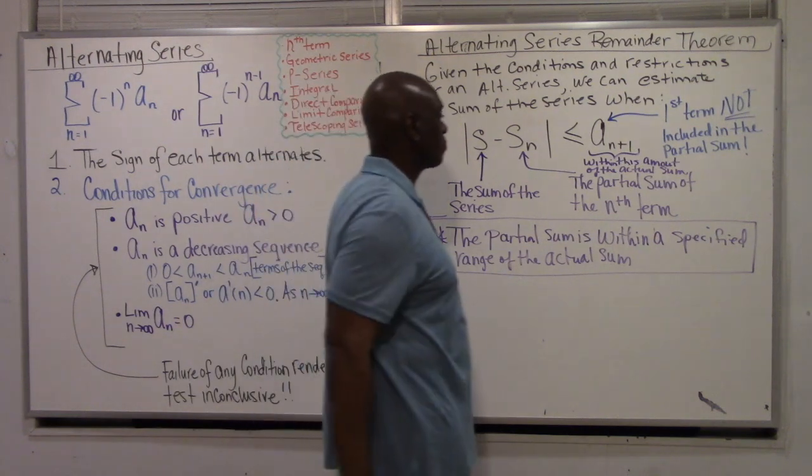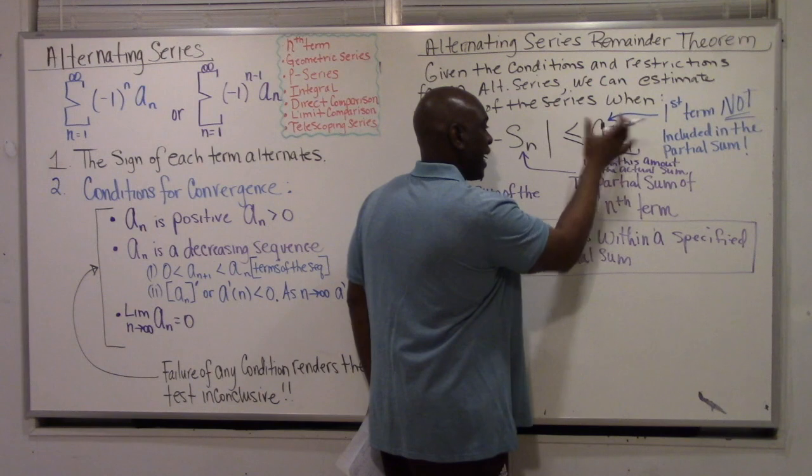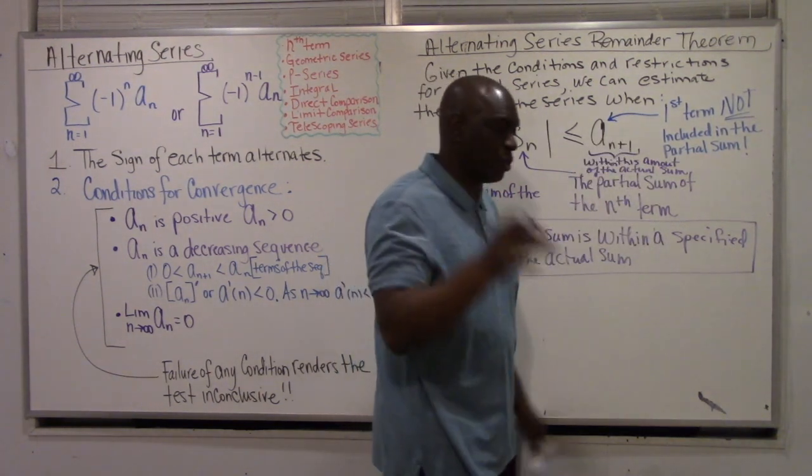That's the range. This is how close the partial sum is going to get you to the actual sum. Let's do an example.